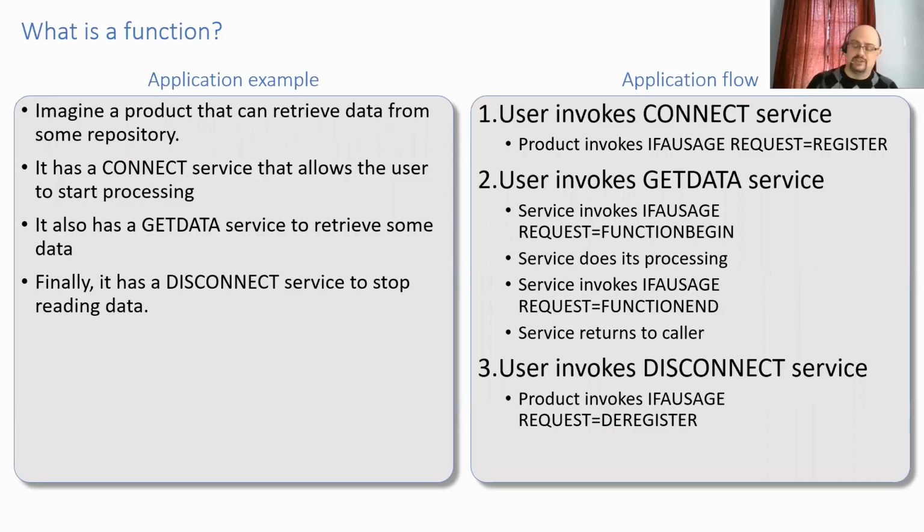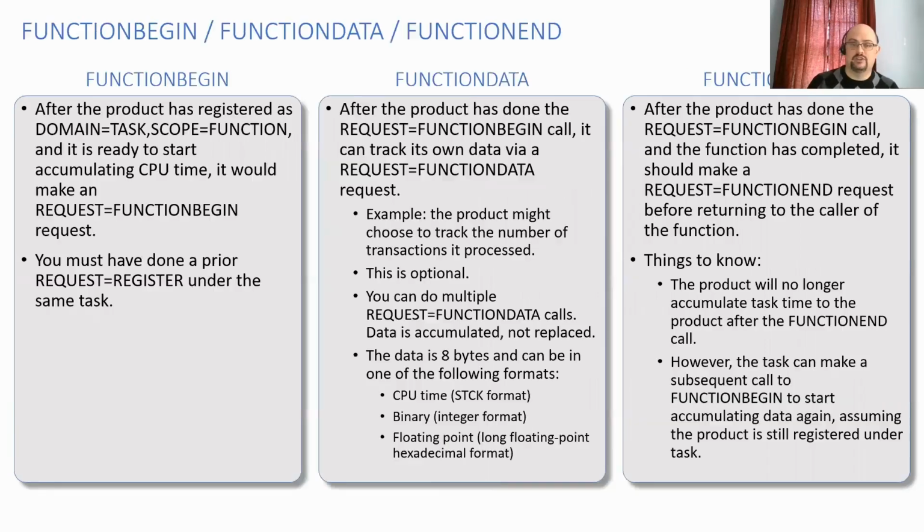So let's get into what these services are that I just talked about. Function begin. This has to be done after the product registers. Once the product is registered and it's ready to start accumulating CPU time, it would make this function begin request. Just to point out, you have to do that after request equals register. It has to be under the same task.